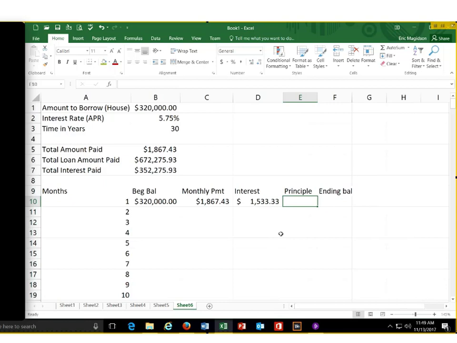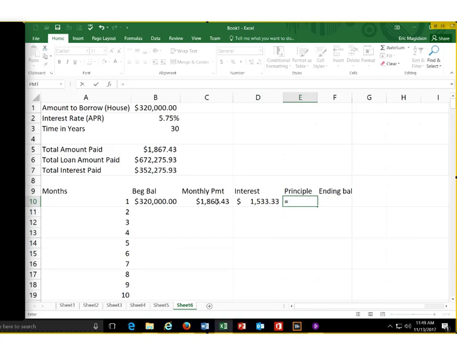So if $1,500 goes towards interest, how much do I have left to pay on the principal? This equals what? Holly, what does this equal? Can you tell me? About 300.